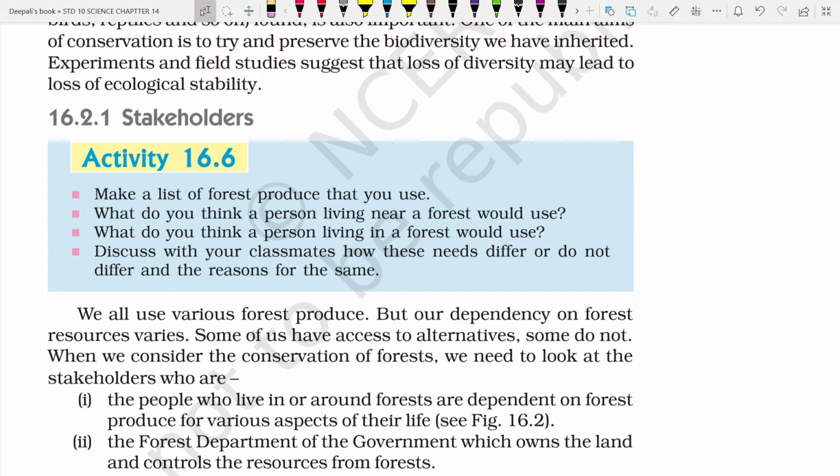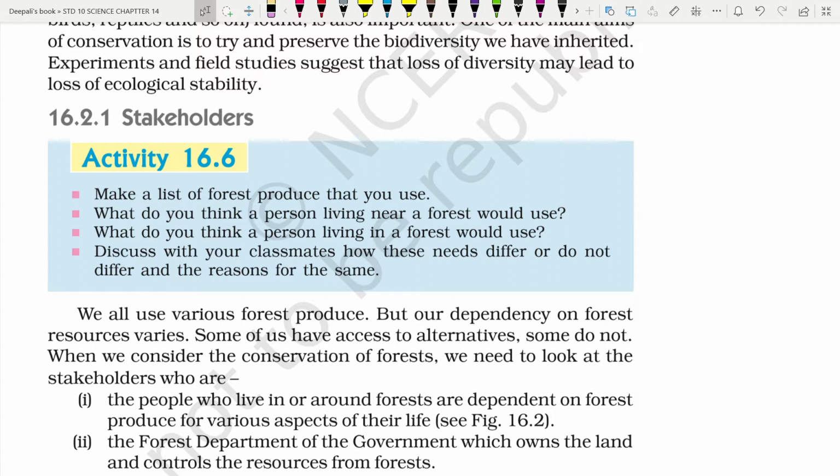Now, what do you think a person living near a forest would use? Obviously, they will be using wood, fodder, dry leaves, bamboo, fruits, vegetables, herbs, etc. And what do you think a person living in a forest would use? A person living in a forest is almost entirely dependent on the forest for all basic needs.